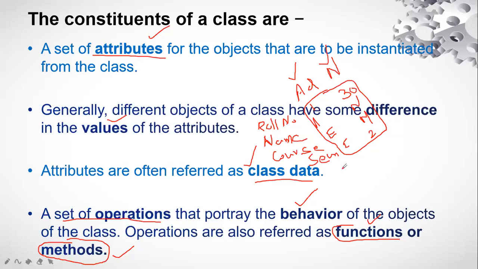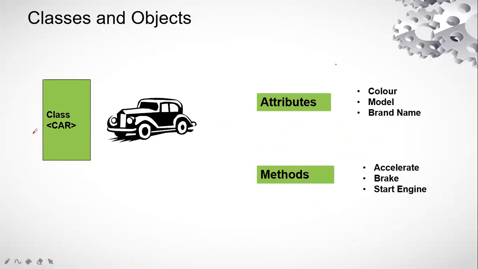Now in this we can have a number of functions or methods. We can take one more example and understand this in a detailed manner with the help of an example also. Let's say this is an example I'm going to take. We have a car, right?